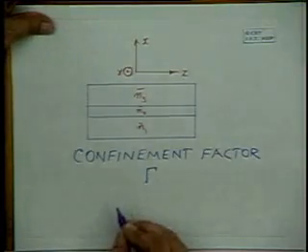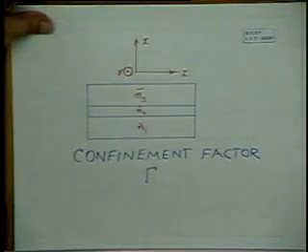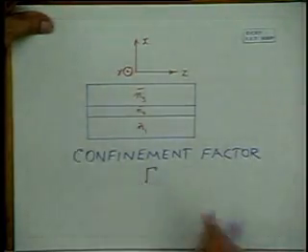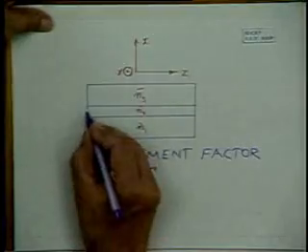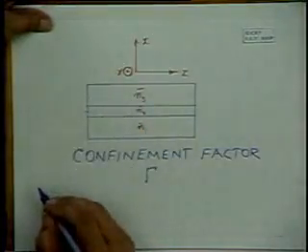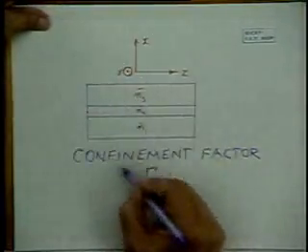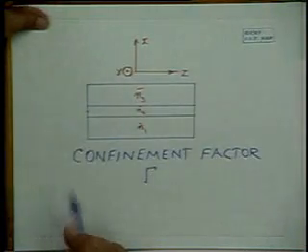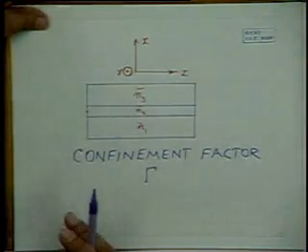And what I want to do is derive the value of gamma and show how it depends upon the width of the active layer. I have drawn a slab waveguide structure, which I described last time.